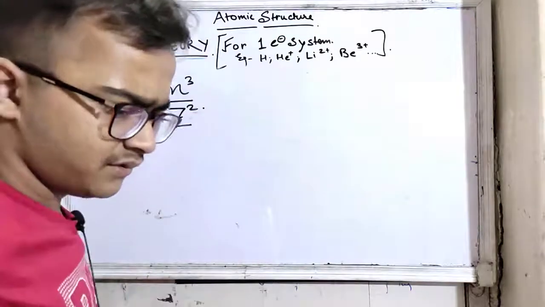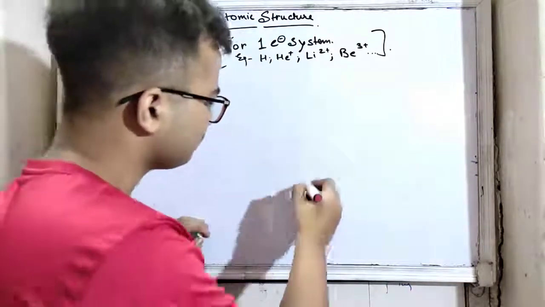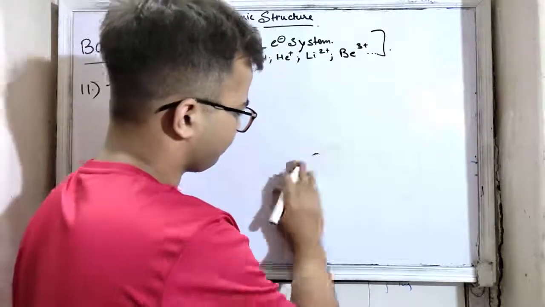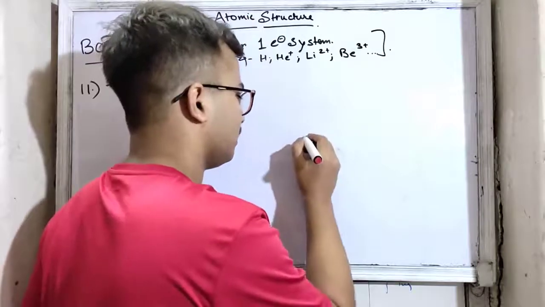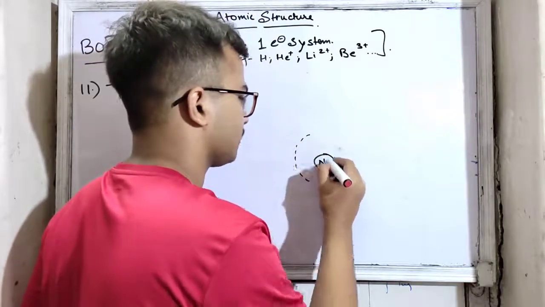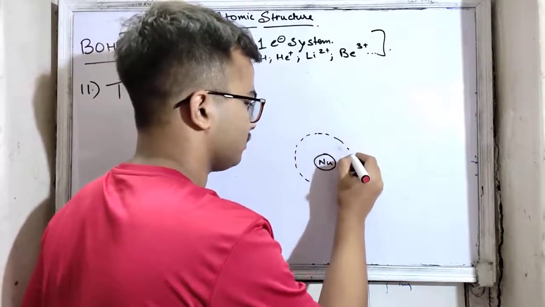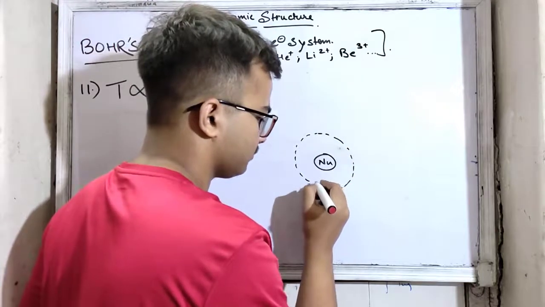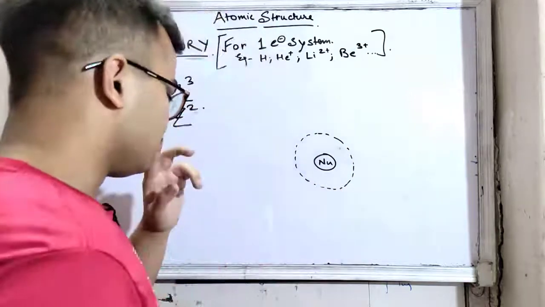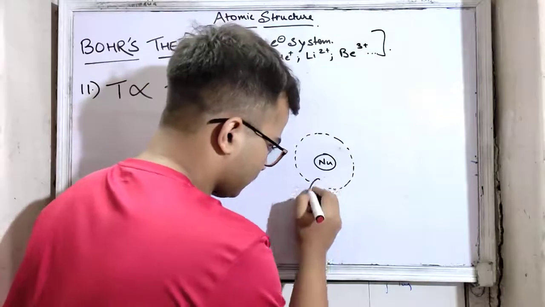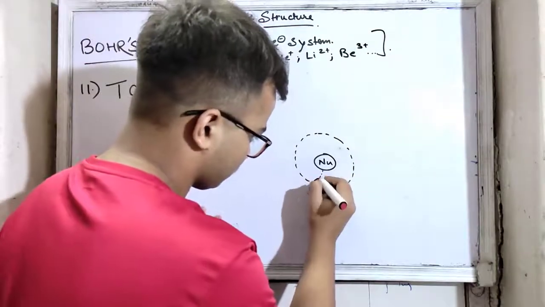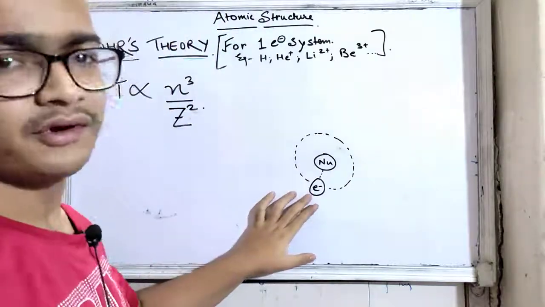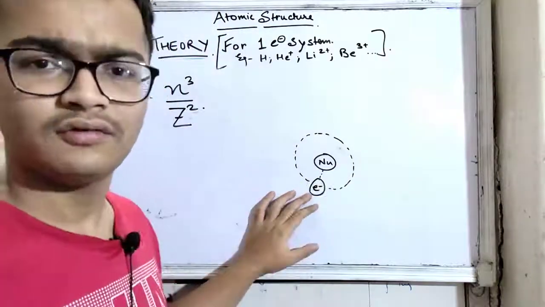Now what is time period actually? If this is the nucleus, and this is the electron rotating in its orbit, I take a point and wait for the electron to come again.